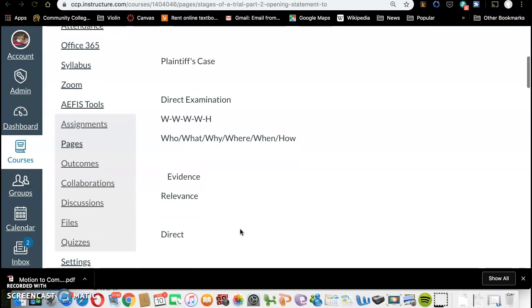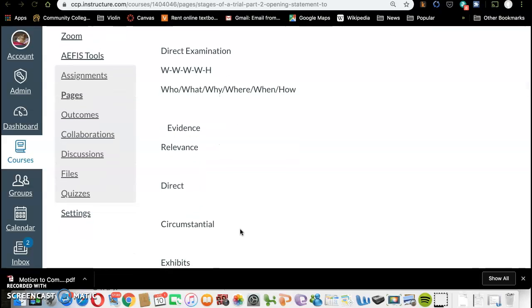There are different types of evidence. There's direct evidence, that is, you were at a location and you saw Bob take the magic markers. That's direct evidence. You saw that happen. There's also such a thing known as circumstantial evidence. Circumstantial evidence might be called indirect evidence. That is, it's evidence that needs to have what we call a logical inference.